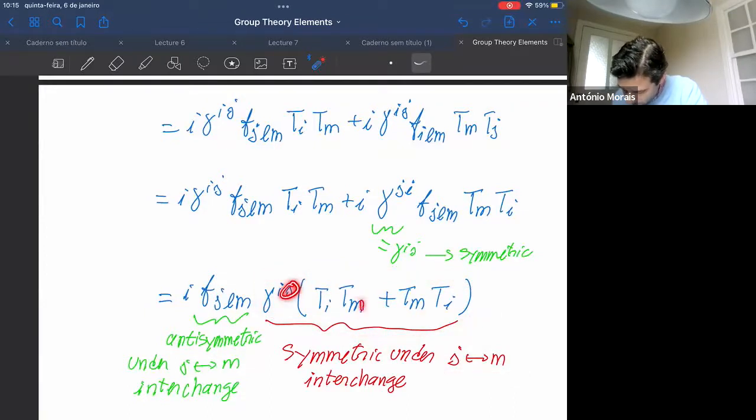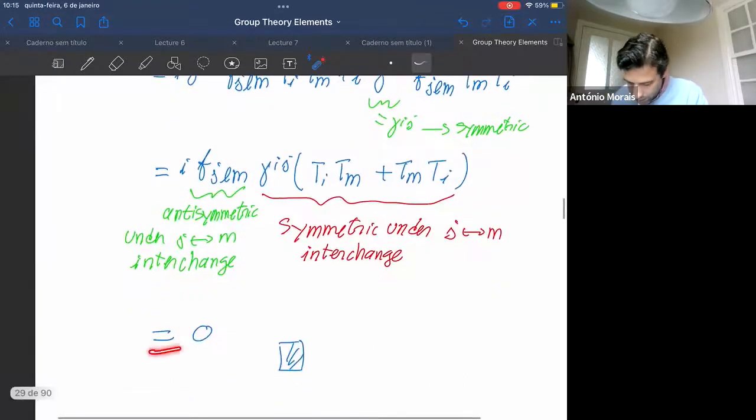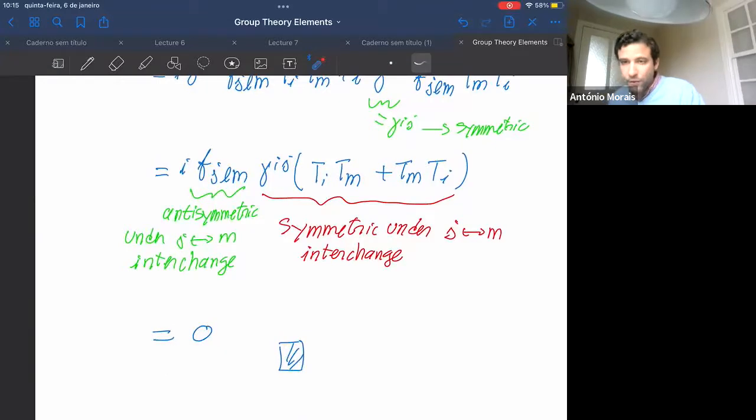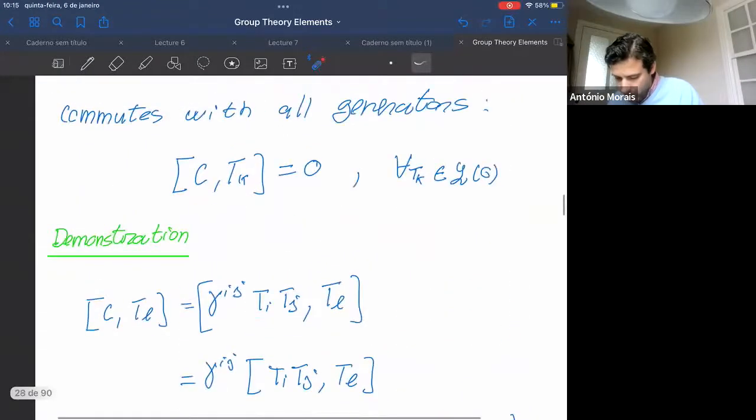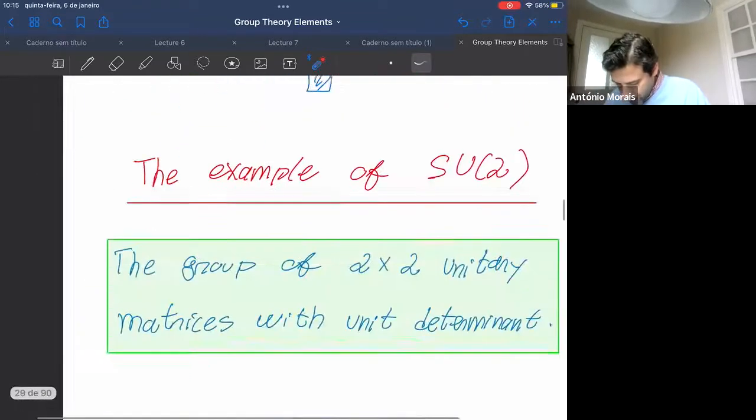So change j with m, and this is symmetric, but this is totally antisymmetric, as we have just seen in the previous result, which gives 0. So this proves for any Casimir, by definition, that it commutes with any of the group generators, as the result announced here. Right. So let's move on.